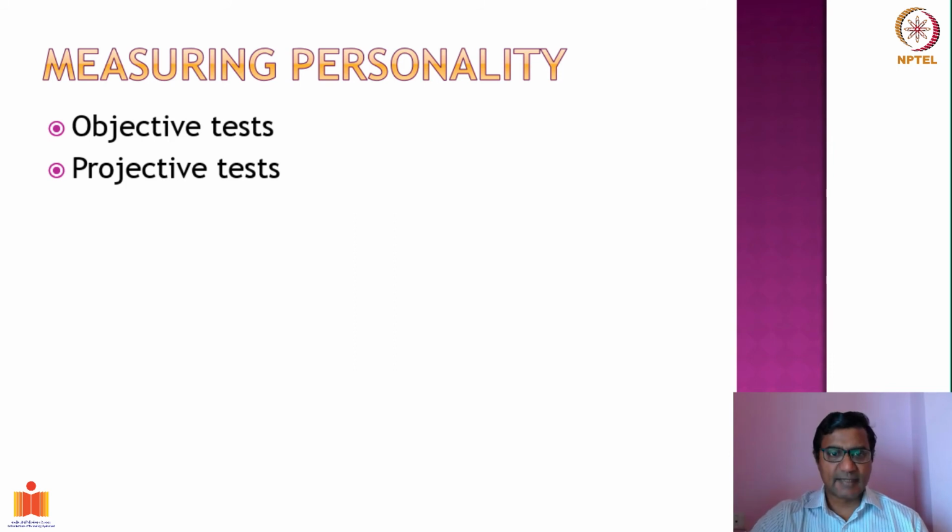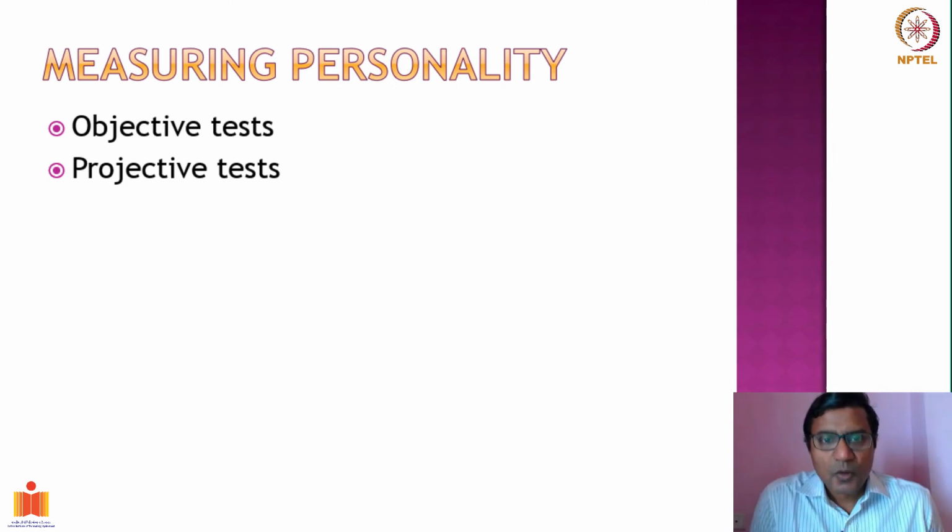Objective tests are tests which have fixed answers or rating scales. So there will be a statement and people have to tick whether it is right or wrong, whether it applies to them, or on a scale of 1 to 7 for that particular statement you completely agree or you disagree, or almost always true or never. So these are objective tests.